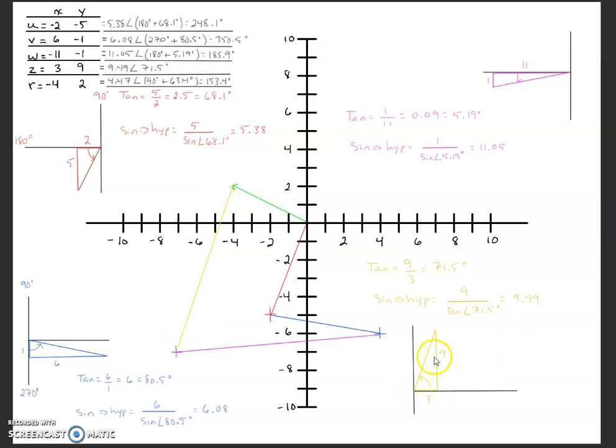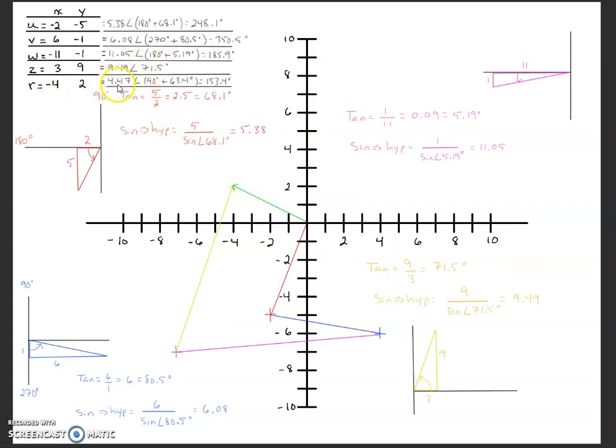So we have here 3 and 9, tan, 71.5 degrees is what this is, 9.49 as a magnitude. So here we don't have to express anything. We have our 3 and 9, 71.5. It hasn't gone past 90. So it just is as it is.